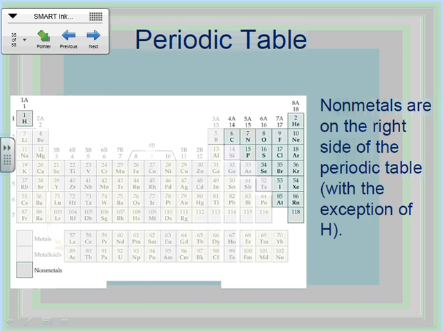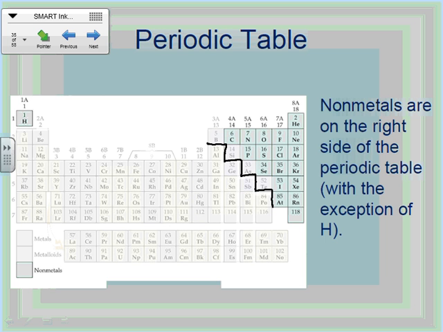Nonmetals are going to be on the right side of the periodic table. We learned that last year. You've got your stair-step line here that separates the metals and the nonmetals. Did I draw that in the right place? Actually, I think I drew that one over from where it's supposed to be. Sorry about that. I think it's supposed to be right here. Okay, so that separates the metals from the nonmetals.